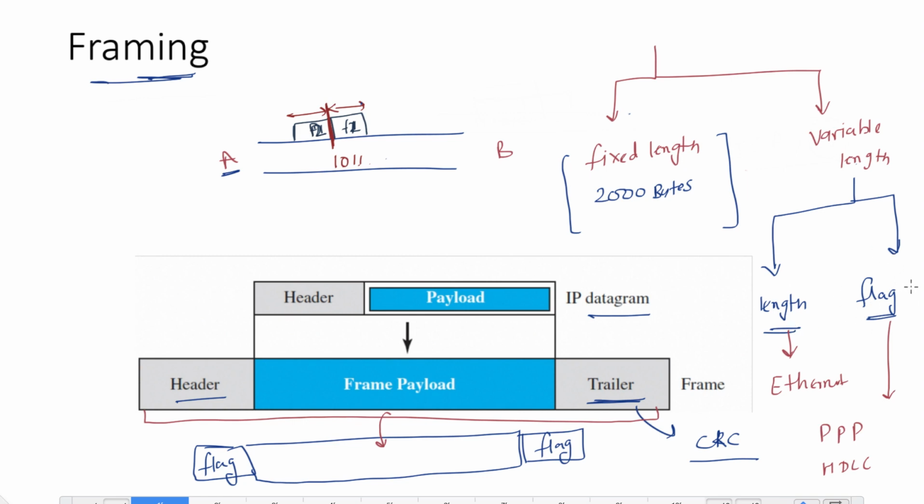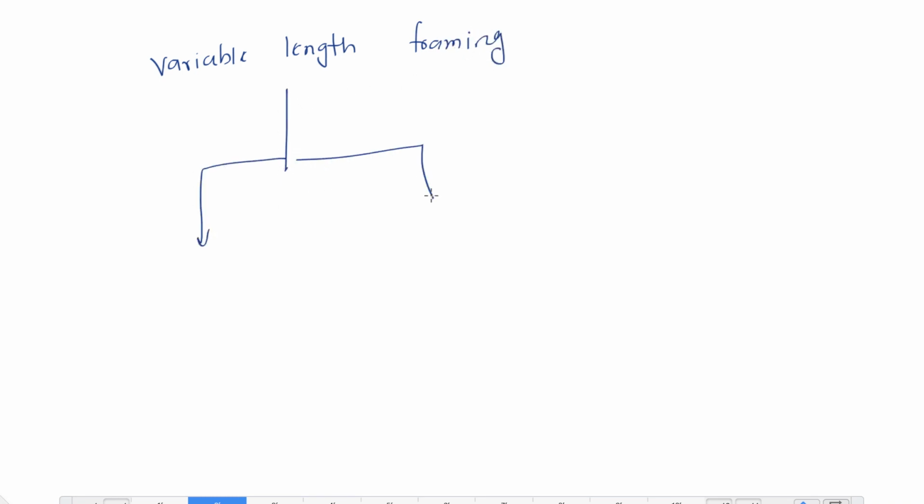Now let's talk about this flag method and the different ways to append the flag and how these flags look like. One way is called byte stuffing and another way is called bit stuffing. So again, there are two ways to implement this flag method. Variable length frames, framing can be implemented using two ways: one is using length, another is using flags.